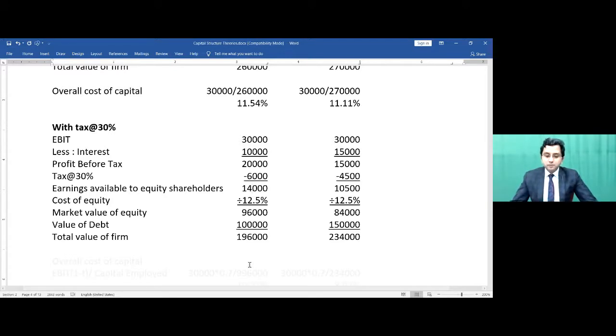So that will become 1,12,000 plus value of debt is 1 lakh. This will be 2,12,000. So just a minute.